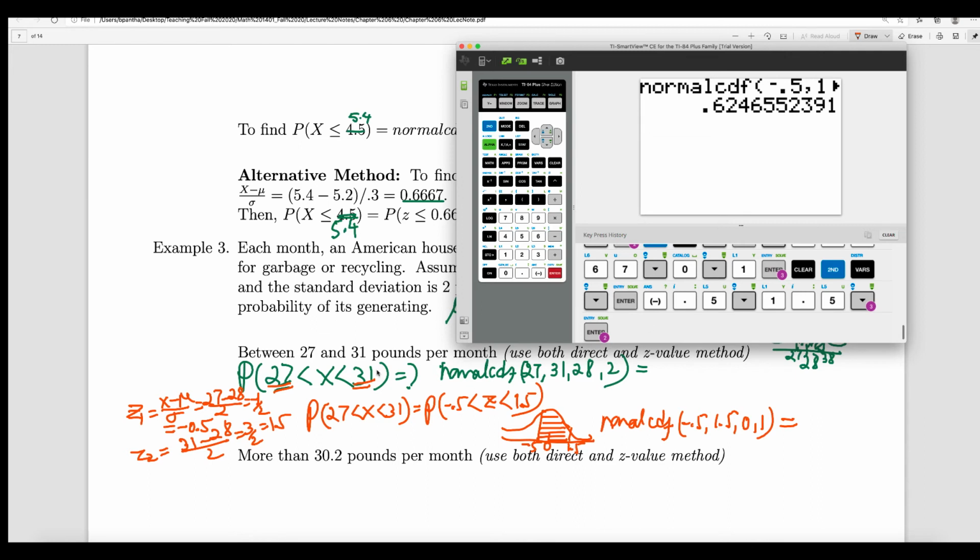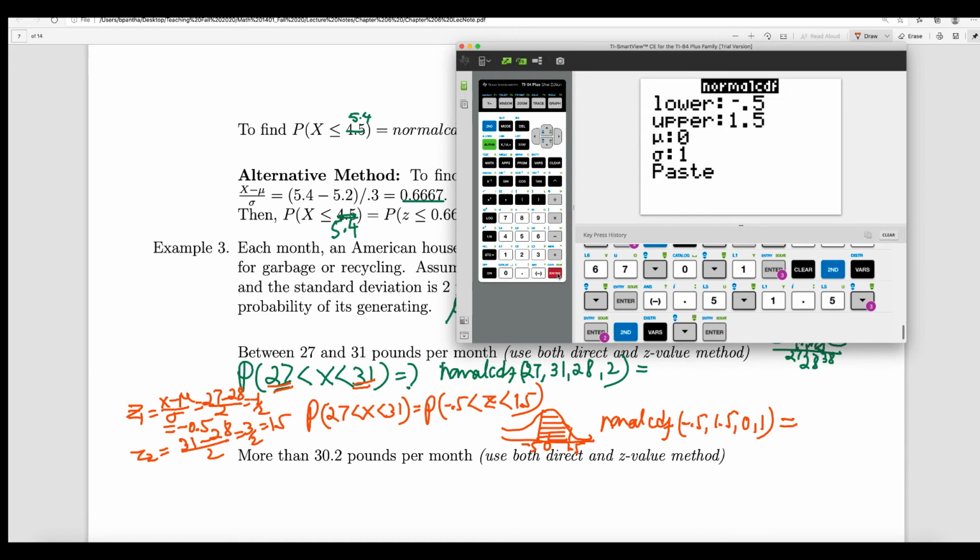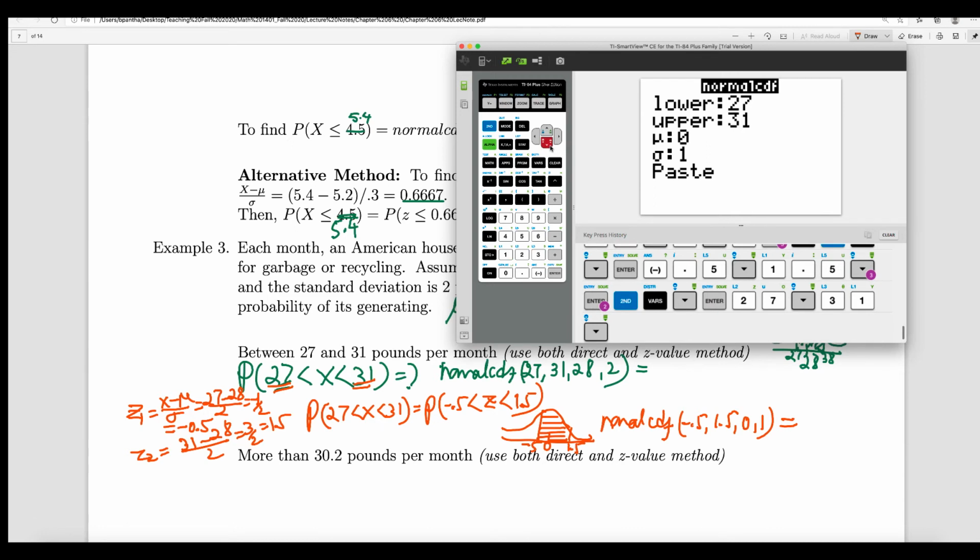Now if you want to do the direct method, it is a similar method, right? Normal CDF, left bound is 27, and the right bound is 31, right? What is the mean? Mean is 28. Instead of 0 and 1, you need to replace them by the mean, and the standard deviation is 2, right?